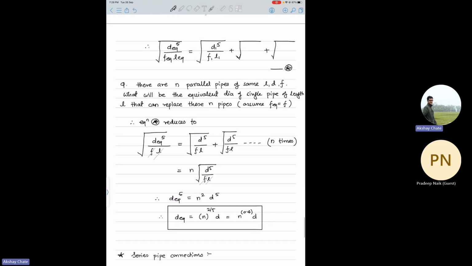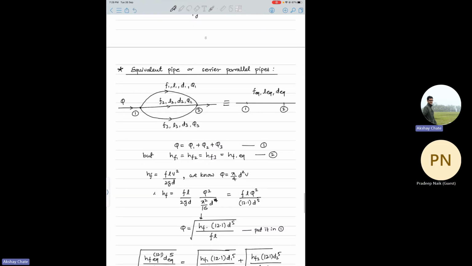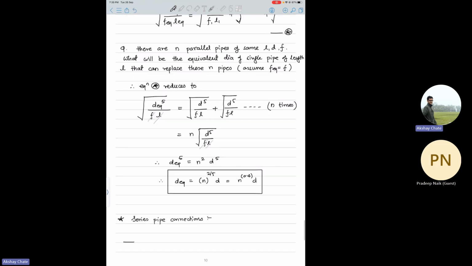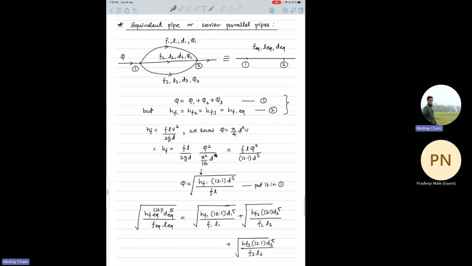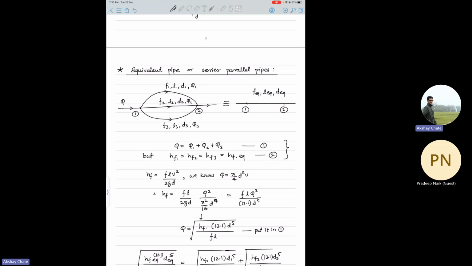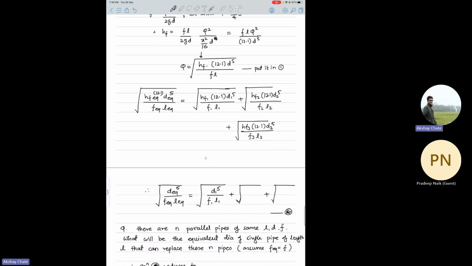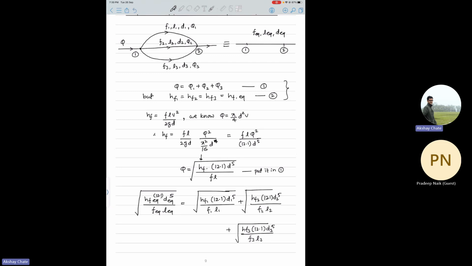It is a general formula only if all the pipes in the parallel connection are the same, having the same L, D and F. If they are different, they still have the same hf for all pipes. Equations 1 and 2 are true for all the parallel connection pipes irrespective of their L, D, etc. But this result, n power 0.4 into d, is a special case when all the parallel pipes have the same f, L and D, and the equivalent pipe also has the same L. That is a particular case, but equations 1 and 2 are valid for every case.